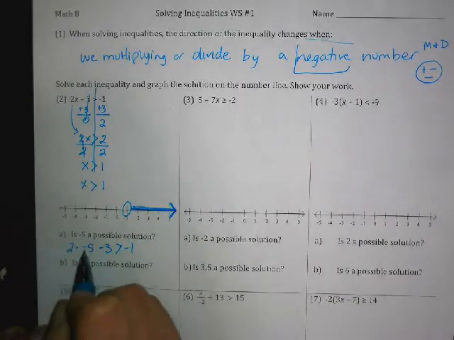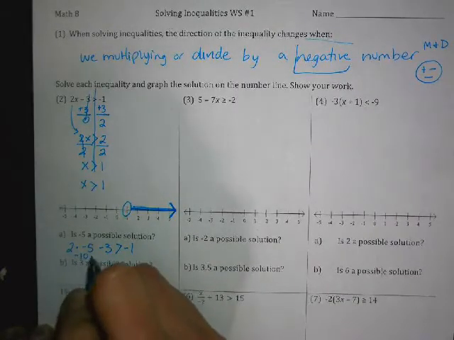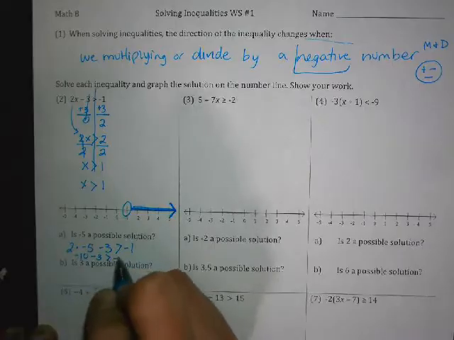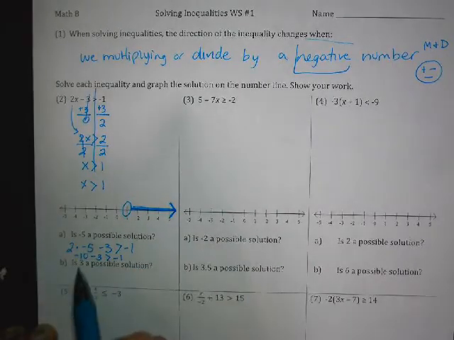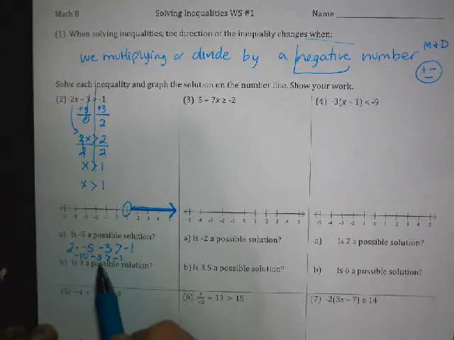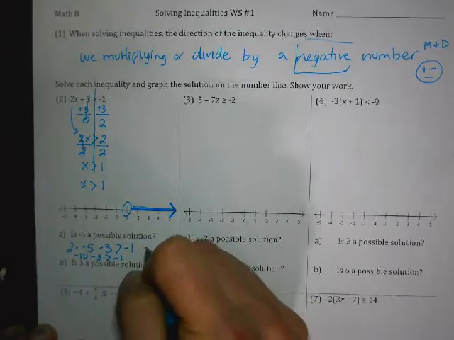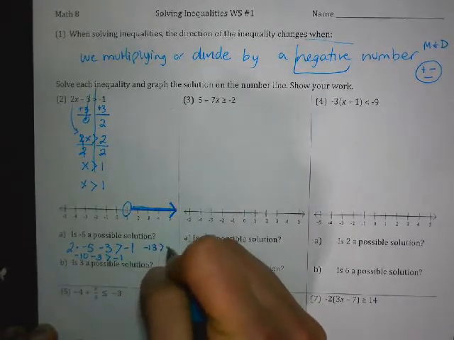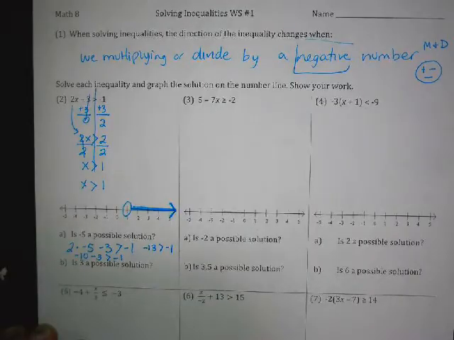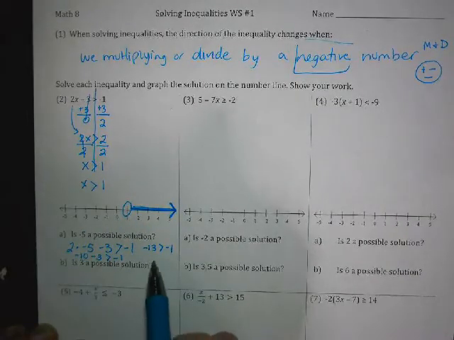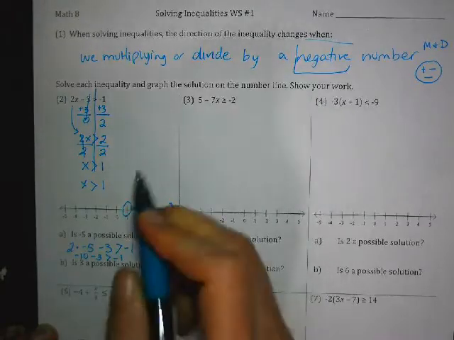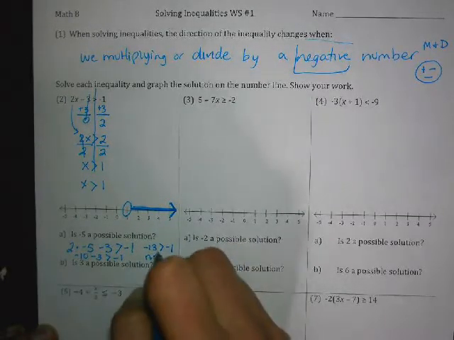So 2 times negative 5 is negative 10, minus 3 is negative 13, is greater than negative 1. And if we were to do the math, we know that that's not true. Negative 13 is less than negative 1. So we're going to say no, that cannot be a solution.